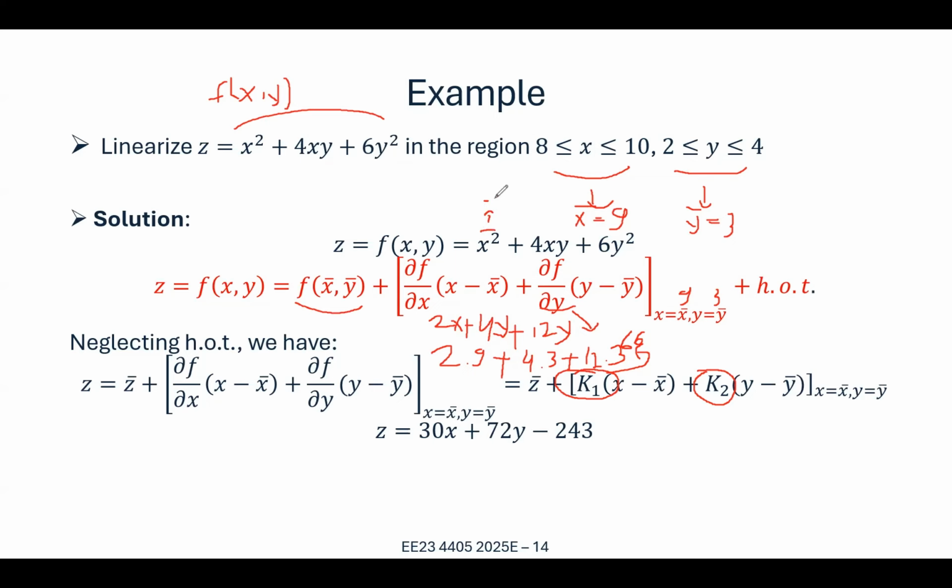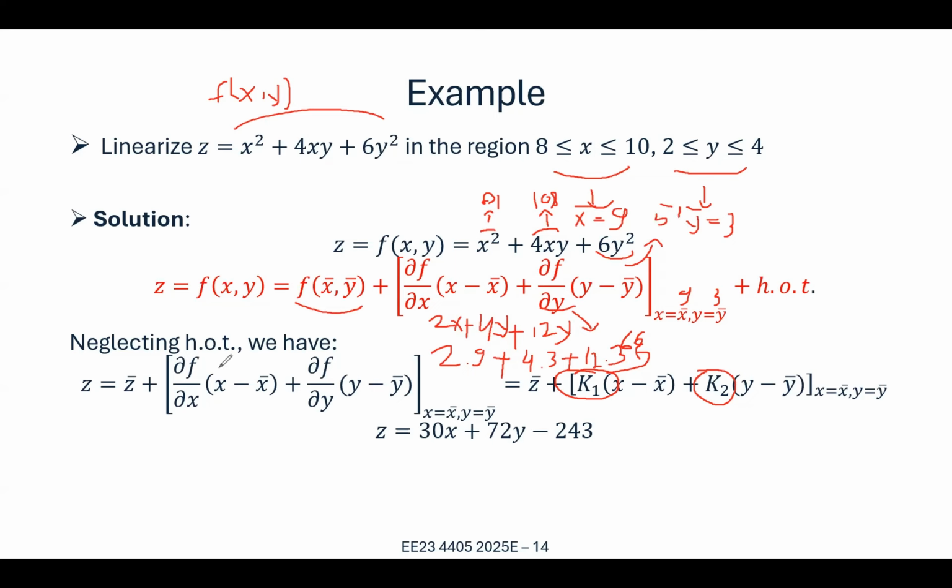So this, for example, would be 81, because 9 squared. Then the next one is 4 times 9, 36, times 3, 108. And then 6y squared: y squared is 9, and 9 times 6 is 54.